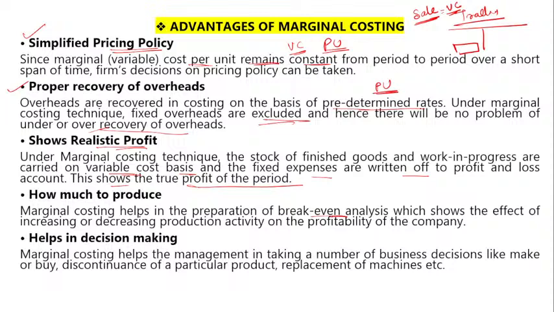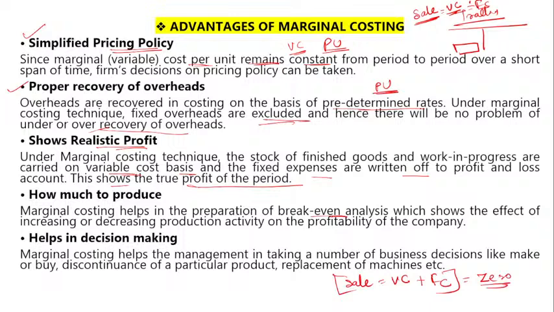That means there is no difference between the sales value and the costs. So the net income is zero. If the company's sales equal variable cost plus fixed cost, it shows that the income of the company is zero.